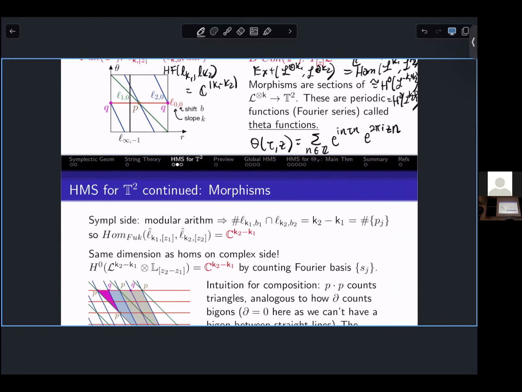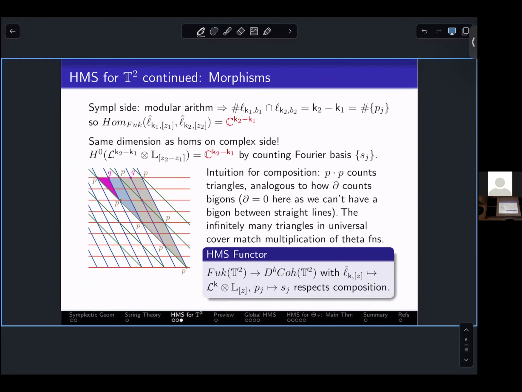All right, so on the symplectic side, we have K2 minus K1. When K2 is bigger than K1, we'll call those intersection points Pj. So the morphism space in the Fukaya category is C to the K2 minus K1. Sections of degree K2 minus K1 number also K2 minus K1.